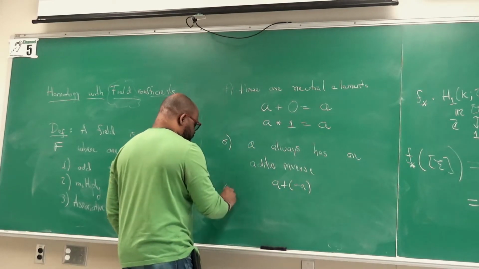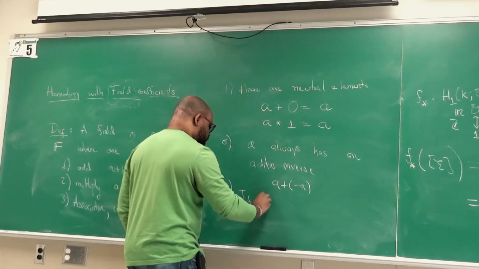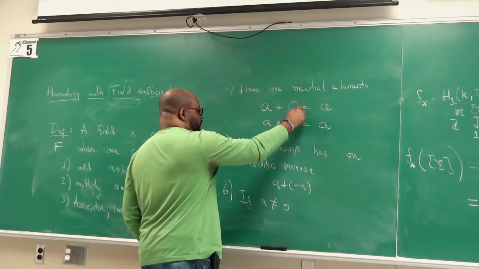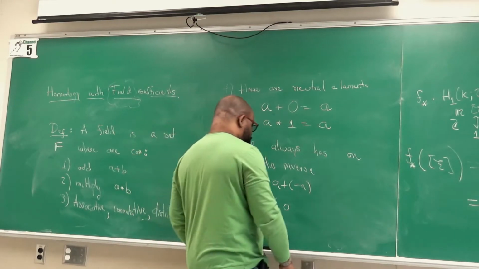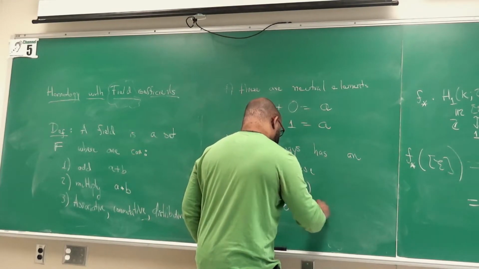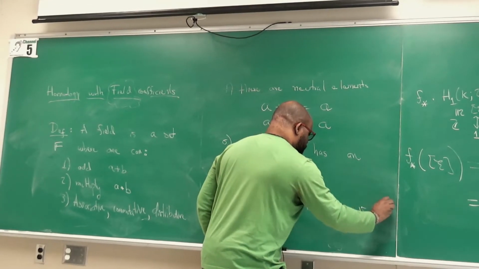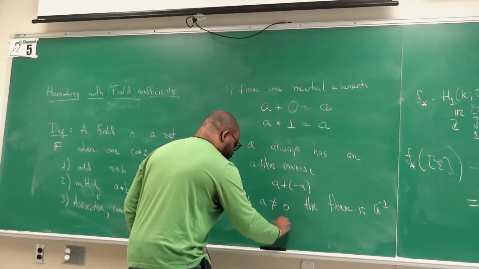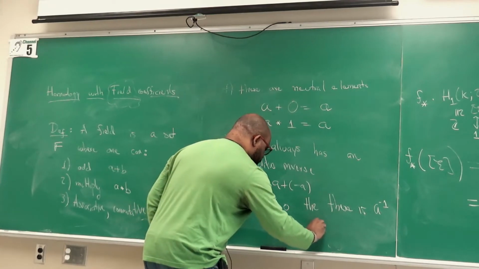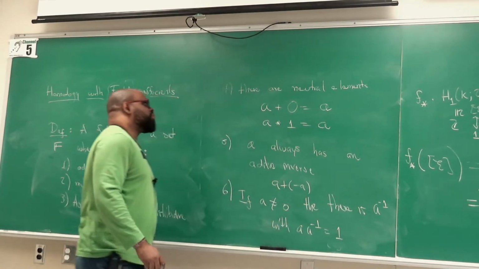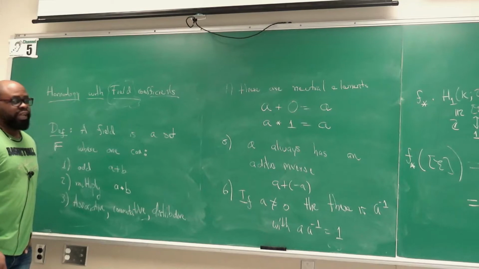And if A is not 0, the additive neutral element, then there is a multiplicative inverse, with A times A inverse equal to 1.